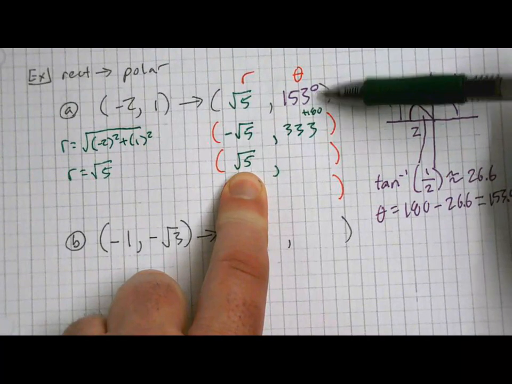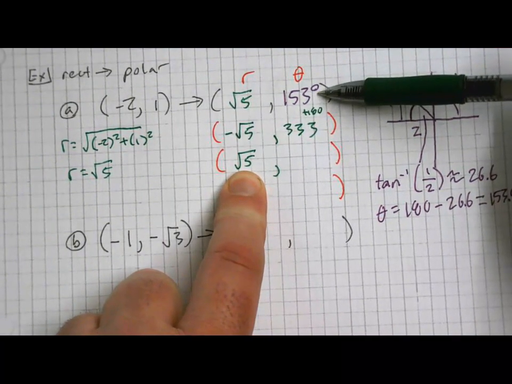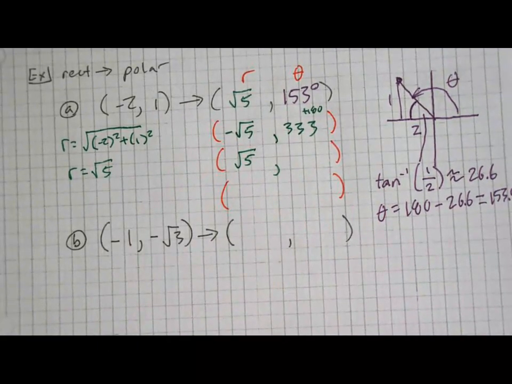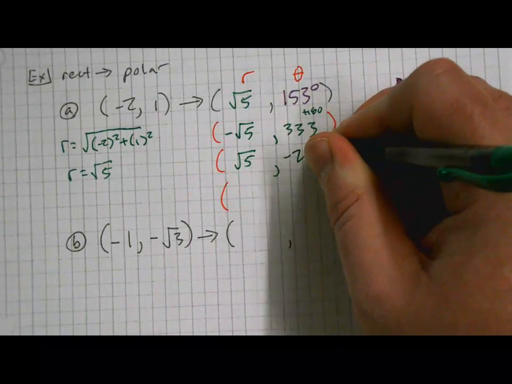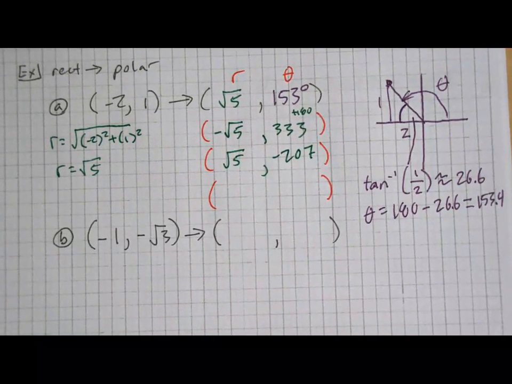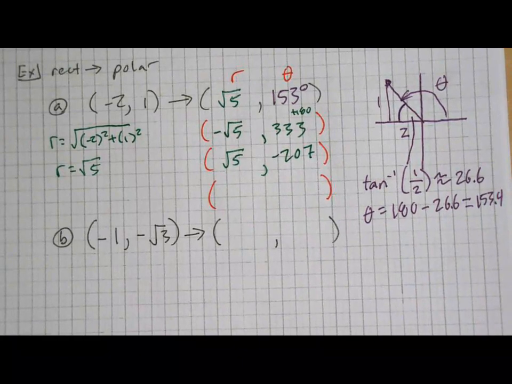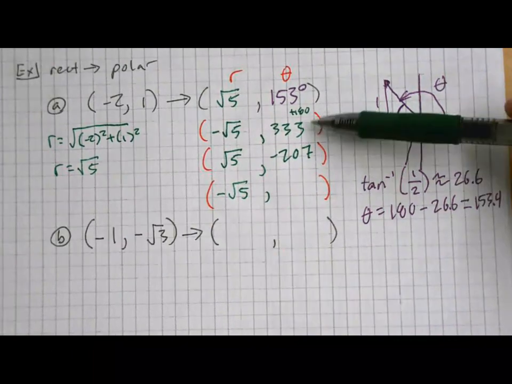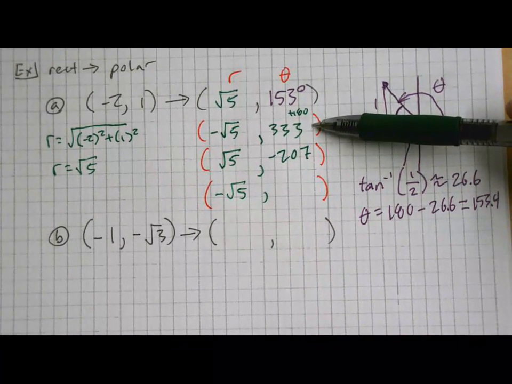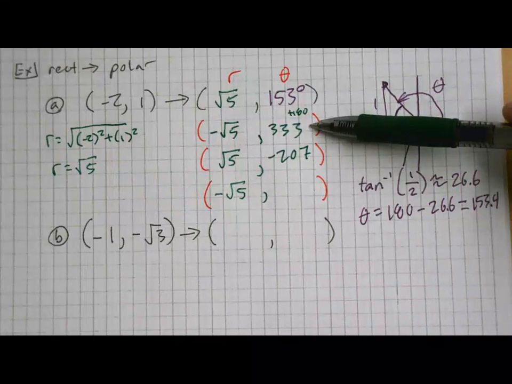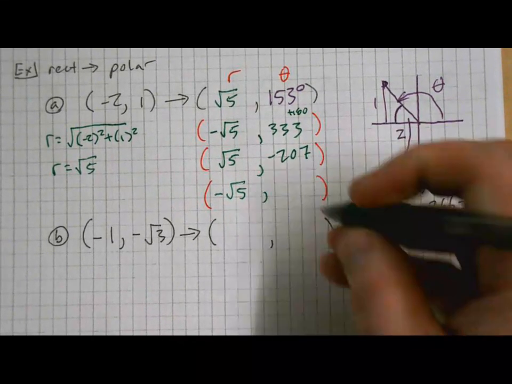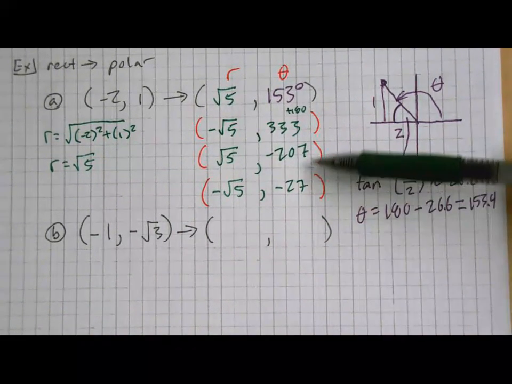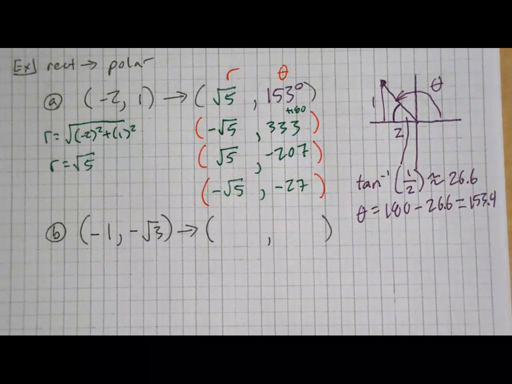If I want another version of this, I would just add or subtract 360 from it. So I would go 153 minus 360, which is negative 207. If I wanted a negative R value and a negative angle, I could use the 333 and subtract 360 from that. And that would be negative 27. And if I did everything right, these two things should be 180 degrees apart, and I believe they are.